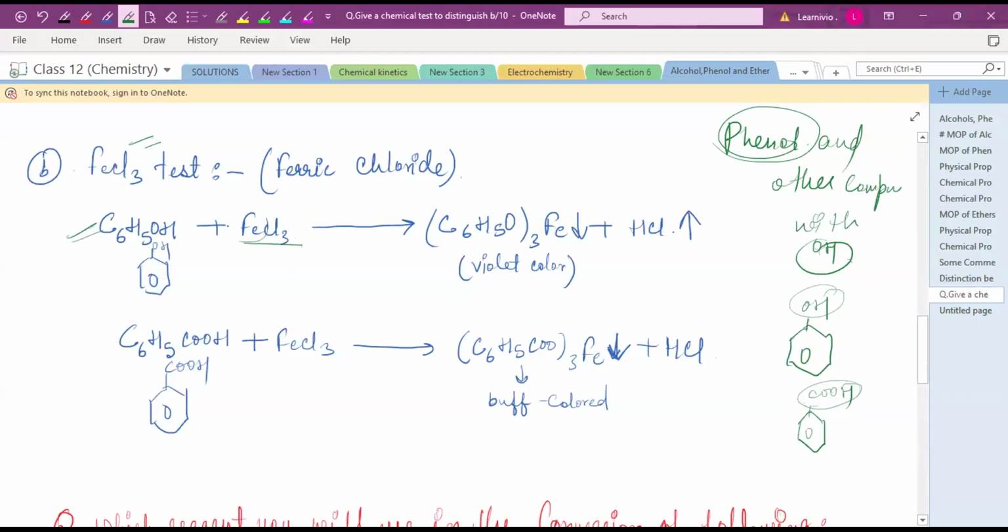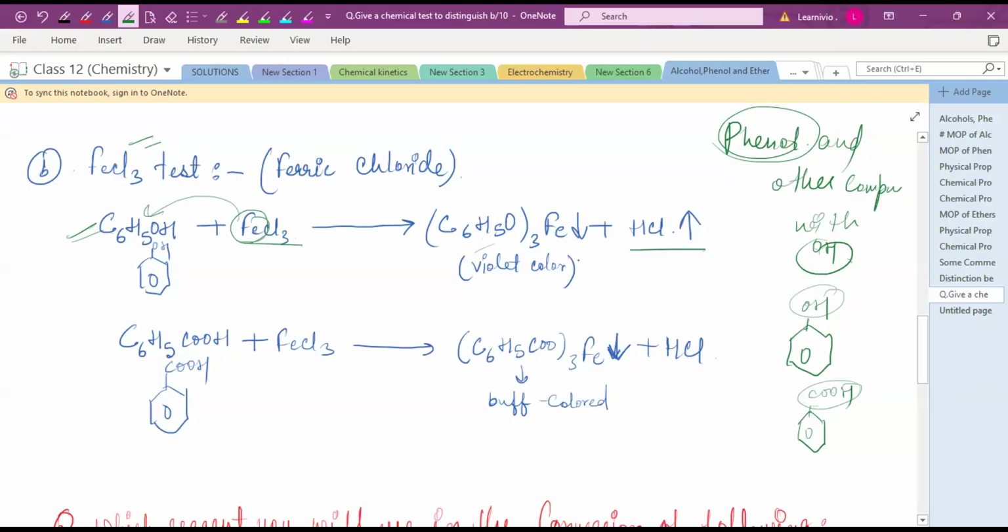The iron in the ferric chloride combines with C6H5OH and forms a complex, which is violet in color, plus HCl gas will be liberated. This complex will be in precipitate form, so you will get a violet color precipitate.